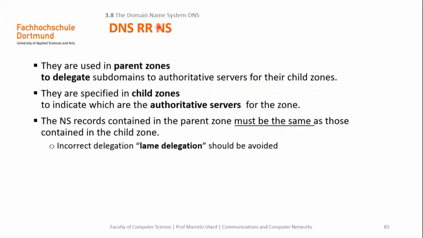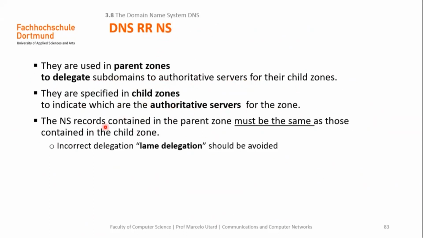Well, then the resource record of type NS is used in the parent zone to delegate subdomains to authoritative servers for their child zones, and is specified in child zones to indicate which are the authoritative servers for the zone.